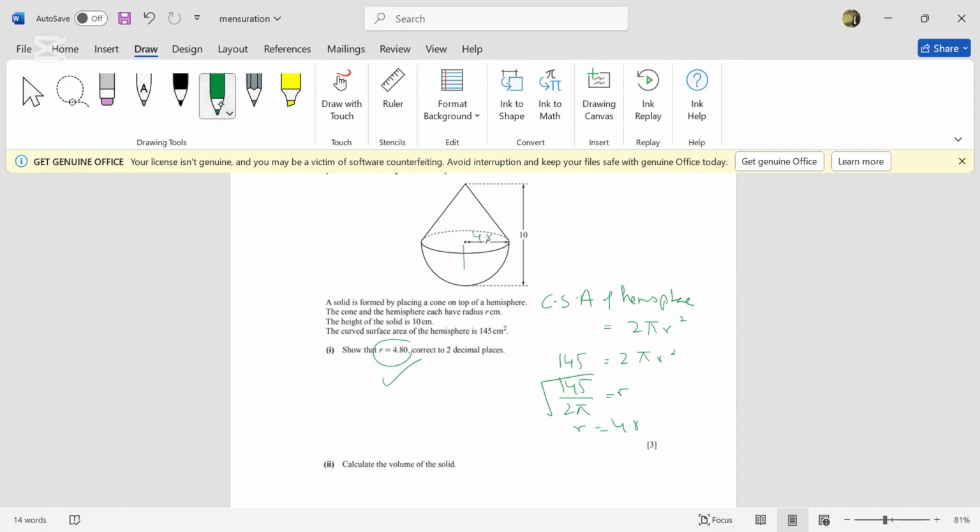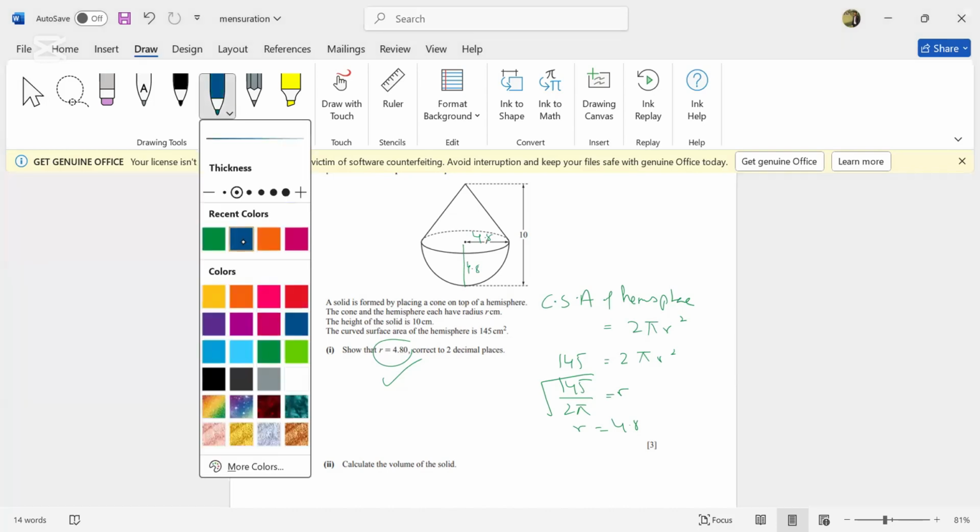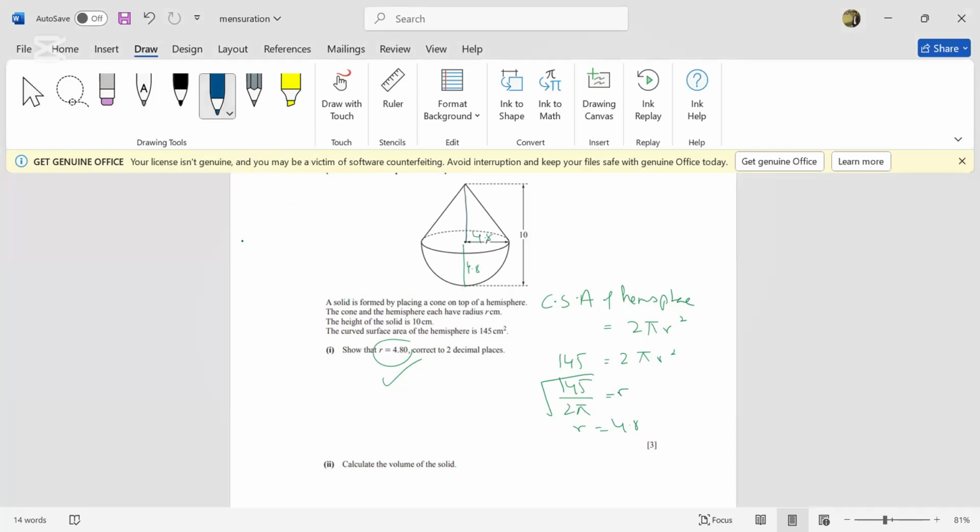It means the radius on this side will also be 4.8. If we need to get the height of the cone, the height of the cone will be 10 minus 4.8, which gives us 5.2.